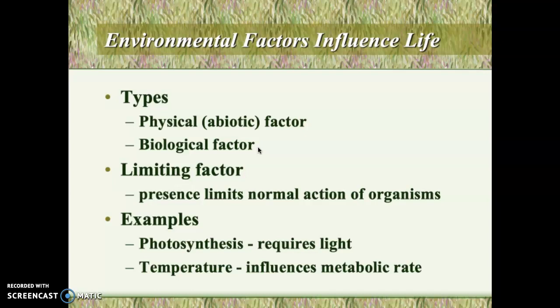Any factor that limits the normal action of the organisms is called a limiting factor. As an example of a limiting factor, light is a limiting factor for photosynthetic organisms. If they don't have enough light, they can't photosynthesize.